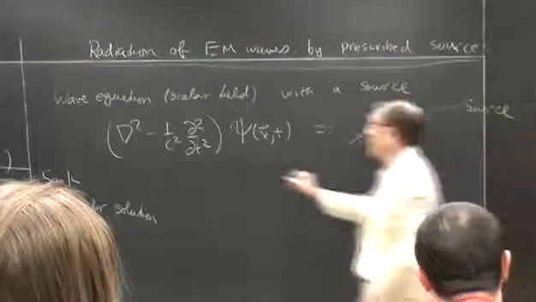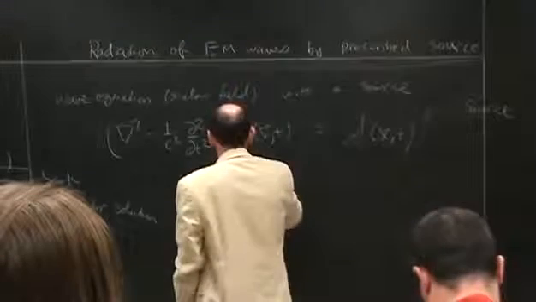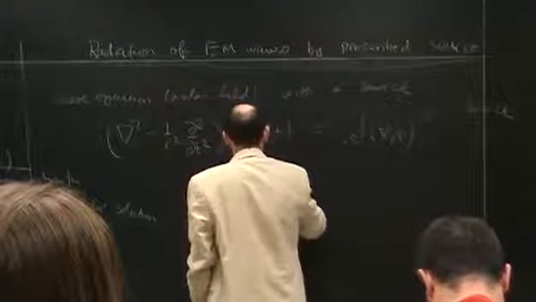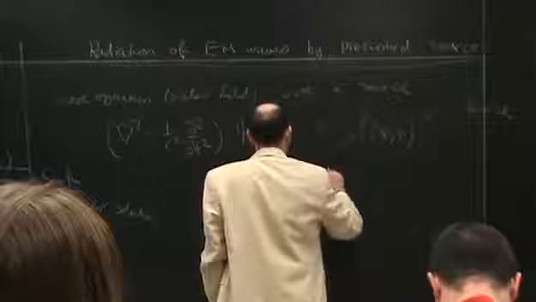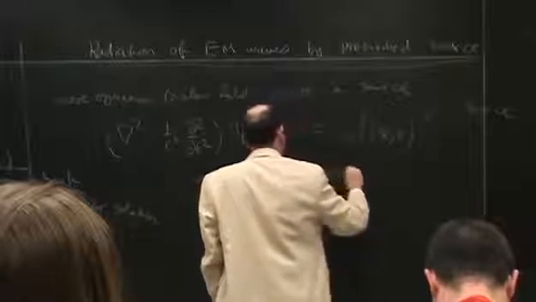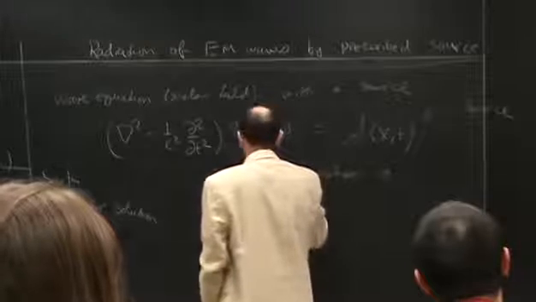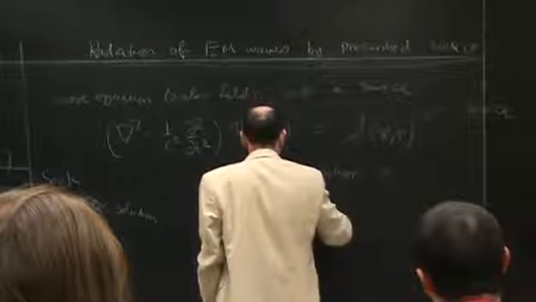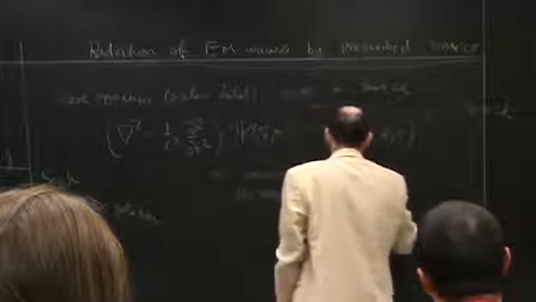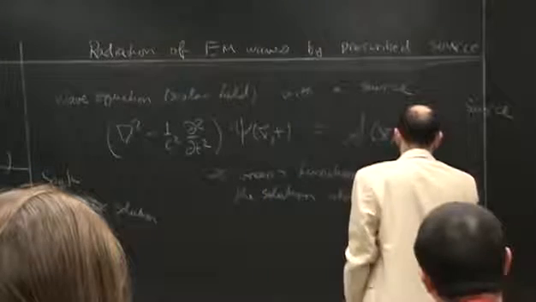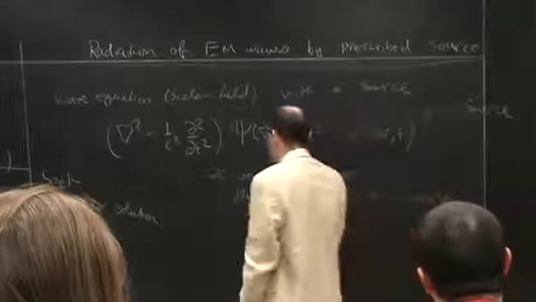So the Green's function is the solution when the source is a delta function.